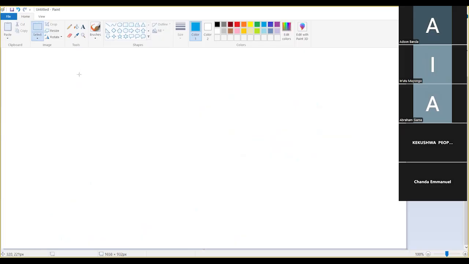So the formula for the tangent of alpha plus beta, let's see how it is going to look. So we have the tangent of alpha plus beta. By definition, this will be sine of alpha plus beta divided by the cosine of alpha plus beta.